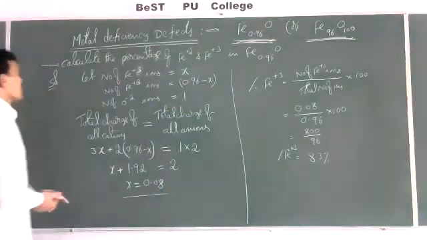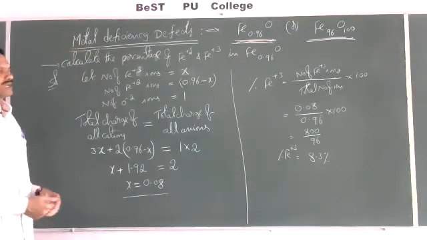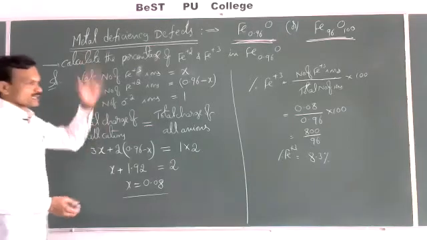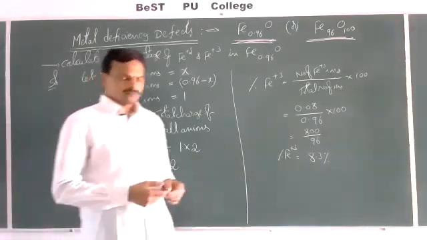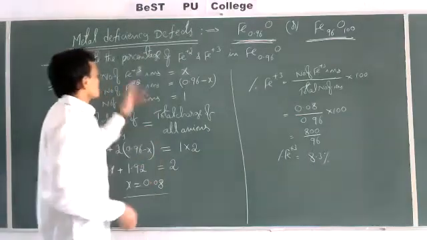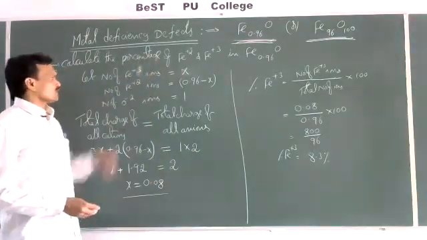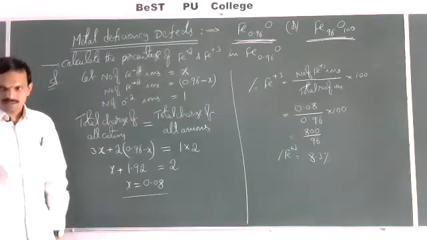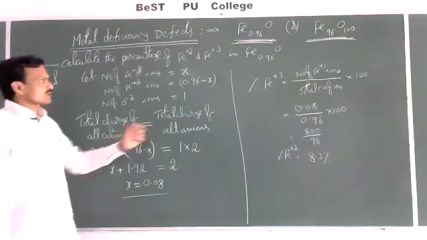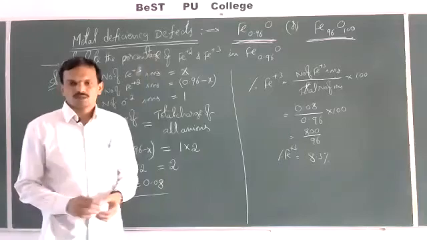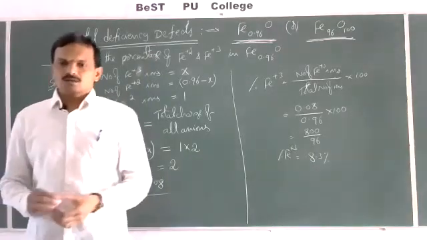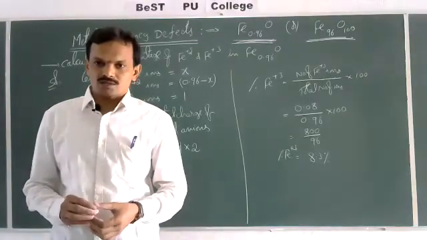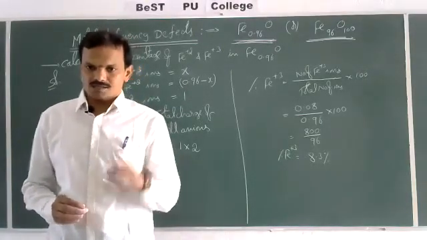See once again here: Fe 0.96. In that we have to calculate the percentage of Fe plus 2 and Fe plus 3. Let the number of Fe plus 3 ions be x. Then the number of Fe plus 2 ions is 0.96 minus x, and the number of oxide ions is 1. The condition here is that the total charge of all cations is always equal to the total charge of all anions in any lattice.